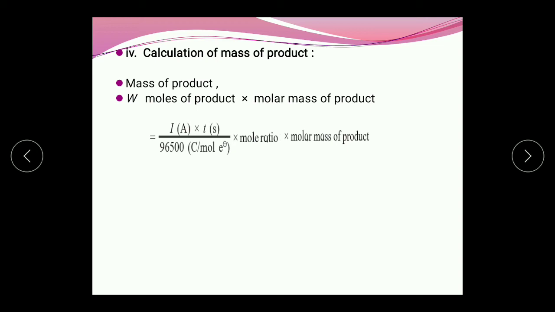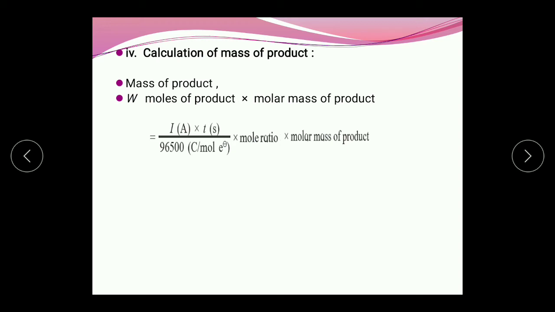This is the formula, and based on this formula, numericals are asked in the exam. We are going to take a separate session for solving all the numericals when we complete the theoretical part of this lesson. Understood?